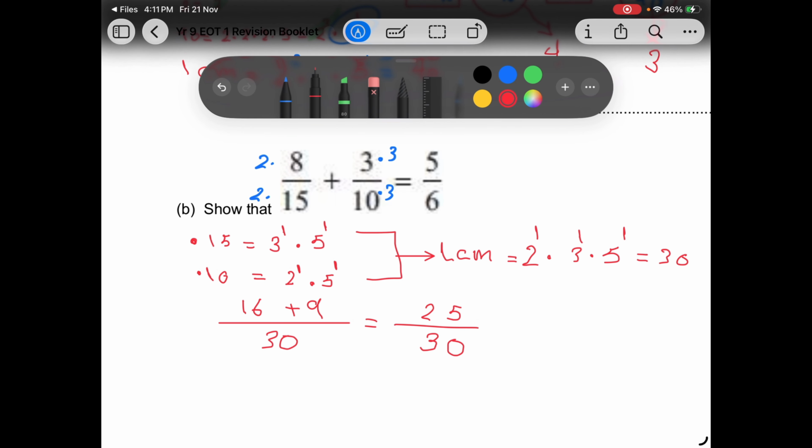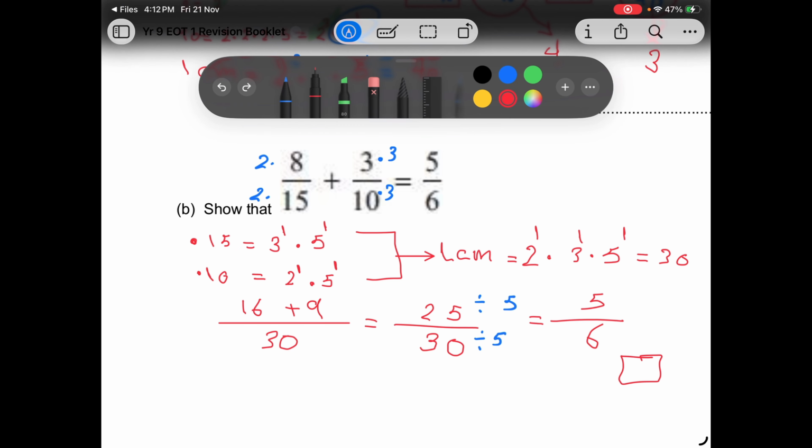And I can simplify this more by dividing top and bottom by the same number 5. There is common divisor 5 here. So if you simplify this, 25 over 5 is 5, 30 over 5 is 6, so 5 over 6, and this is absolutely correct, and that's it. Next.